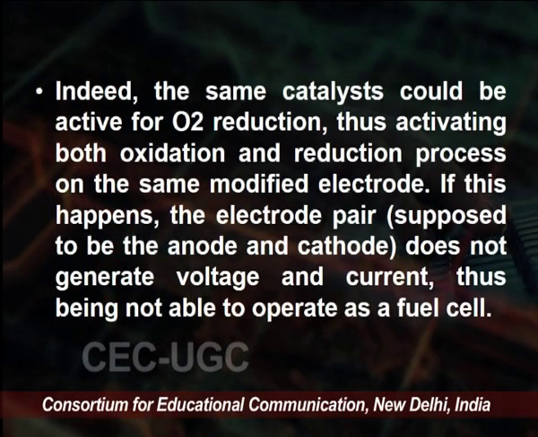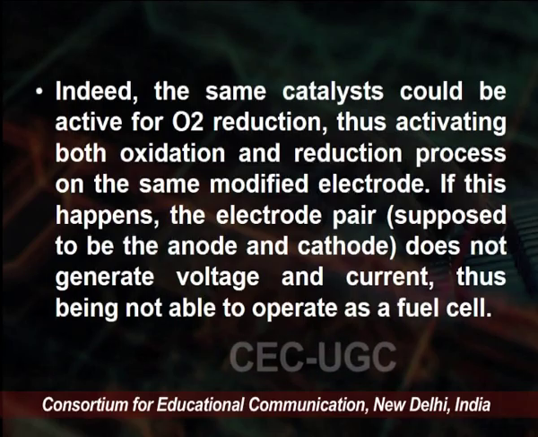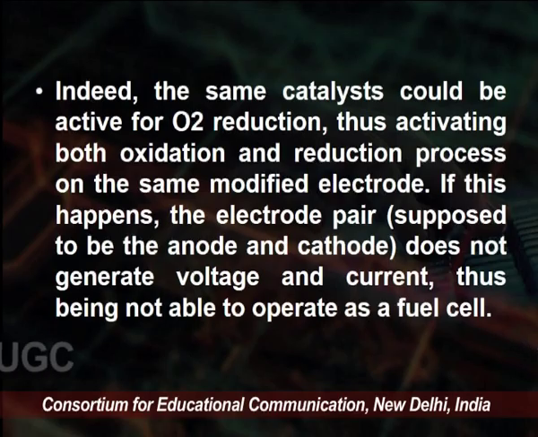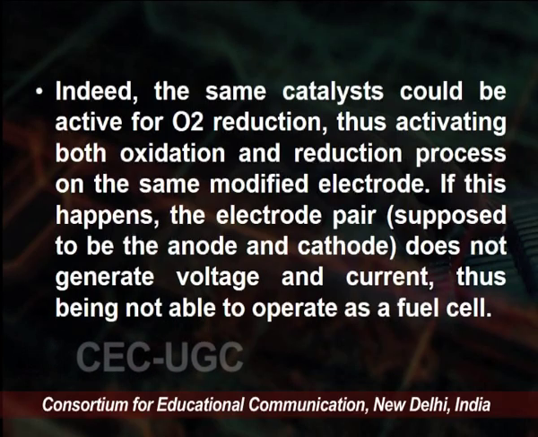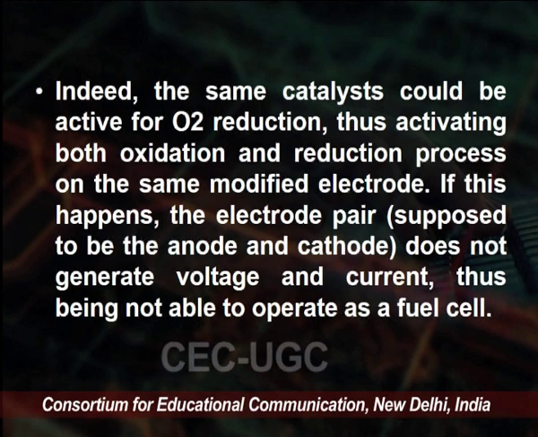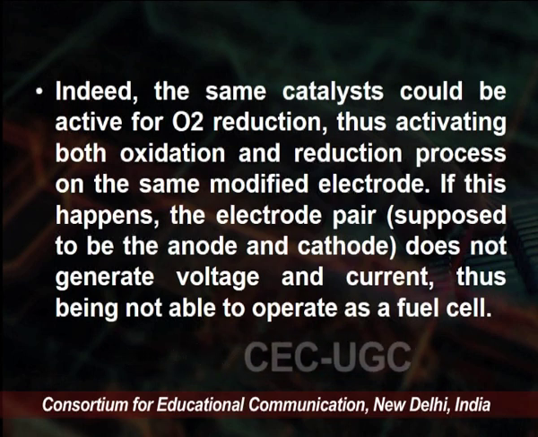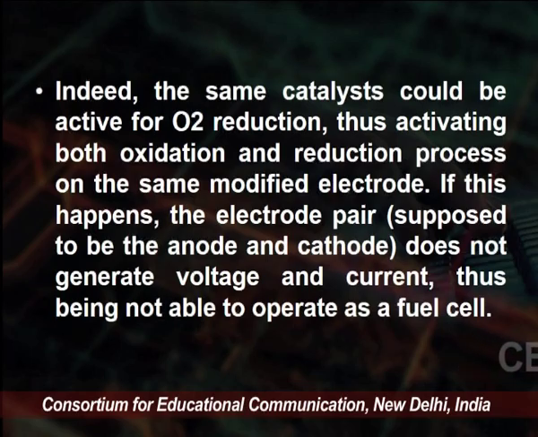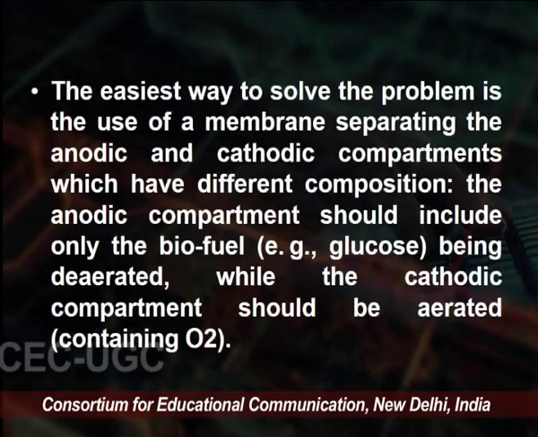Now, indeed the same catalyst could be active for O2 reduction, because here we have very little selectivity, thus activating both the oxidation and the reduction process on the same modified electrode. If this happens, the electrode pair, that is the anode and cathode, does not generate voltage or current, thus being unable to operate as a fuel cell.